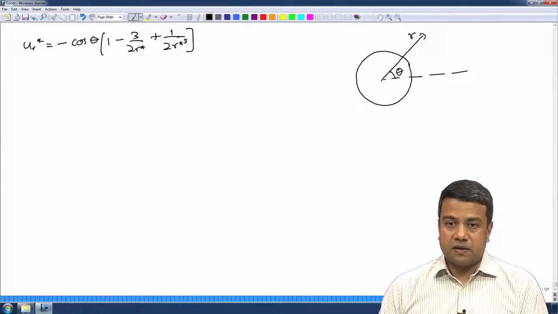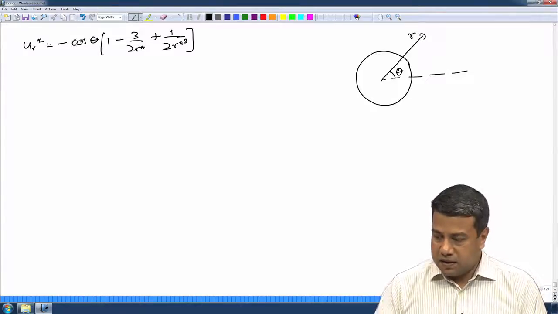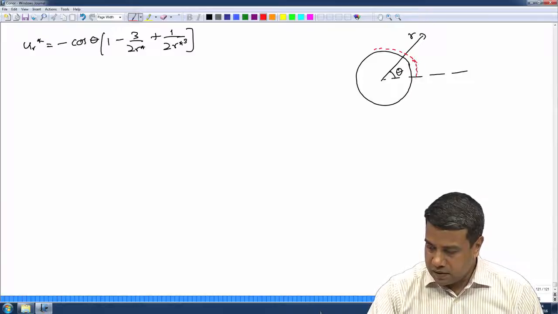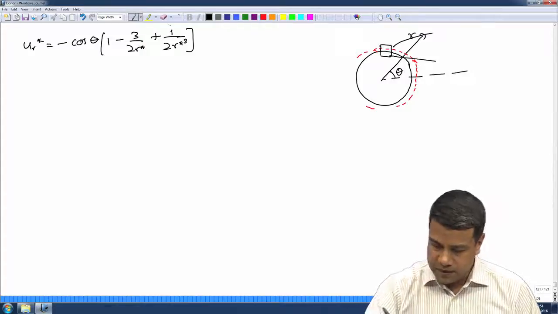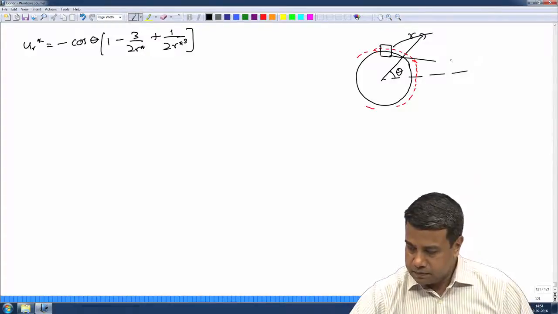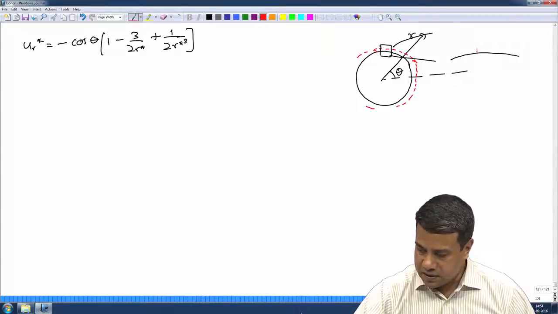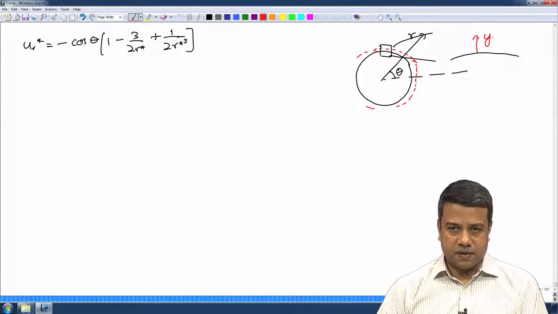Rather than expressing the coordinate in terms of the length r, since I am interested only in a very thin region close to the surface, what I can do instead is to expand out this region and define my coordinate as the distance from the surface.